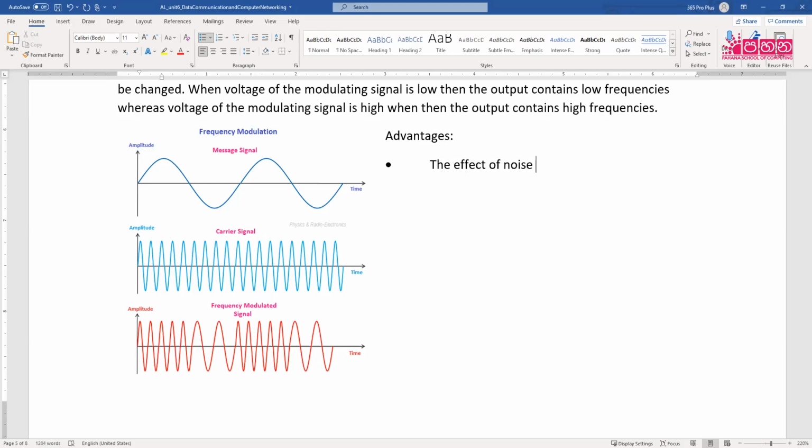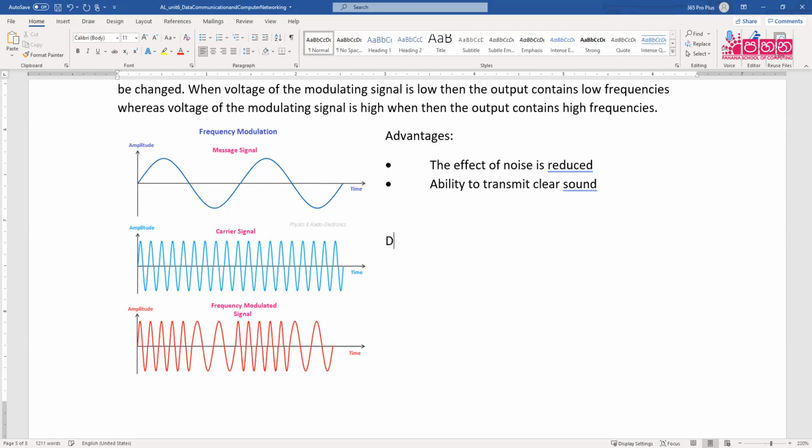You know that when you transmit a signal, there could be outside noises that may affect it. But if you're using frequency modulation, this effect is very minimal. Ability to transmit clear sound.